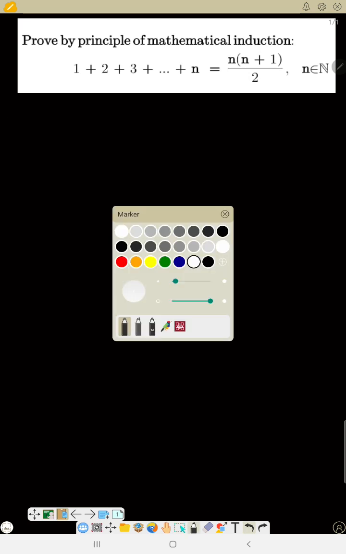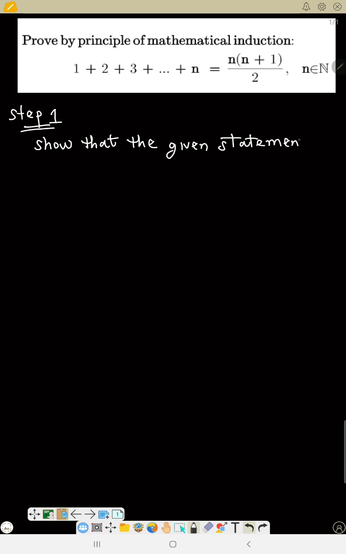Now, step 1. Show that the given statement is true for n is equal to 1.